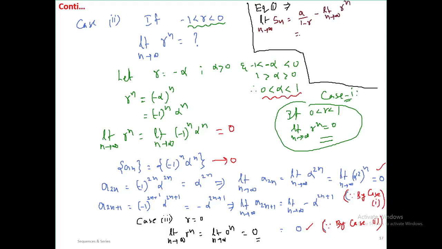So this will be equal to a by 1 minus r minus 0. So the answer is a by 1 minus r. That's it. So the first proof is over. The first statement is over.